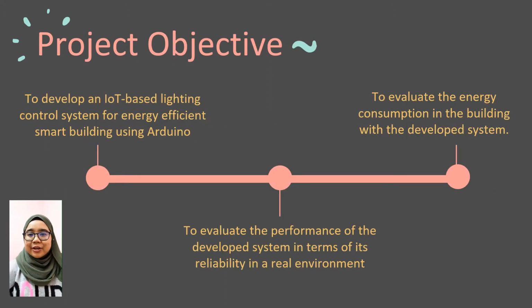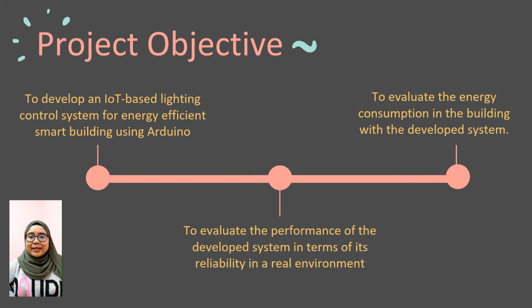For the project objective, the main aim of this project is to build a lighting control system targeted for energy efficiency. Specifically, the objectives are as follows. First, to develop an IoT-based lighting control system for an energy efficient smart building using Arduino.